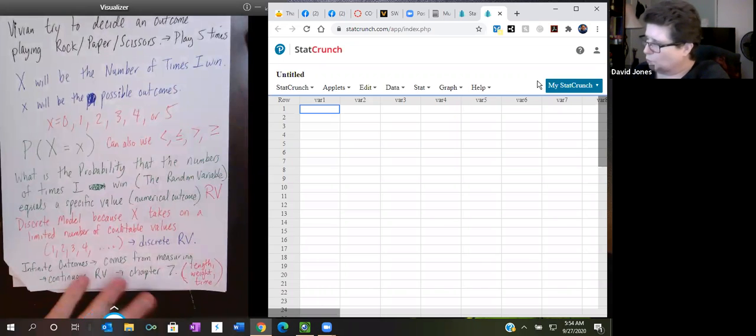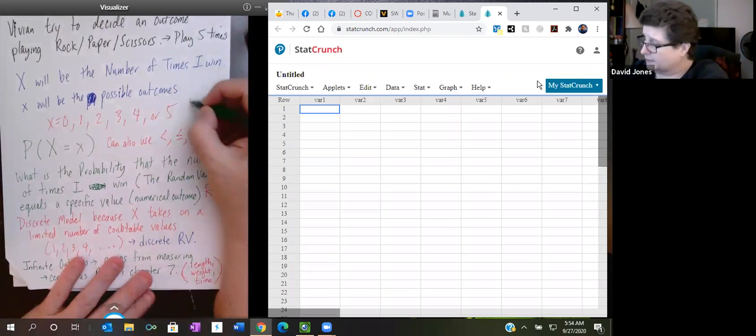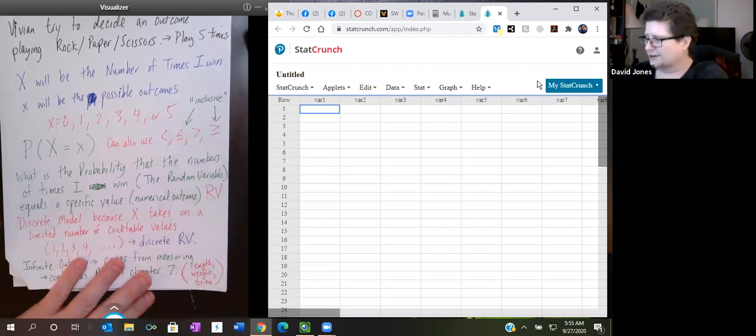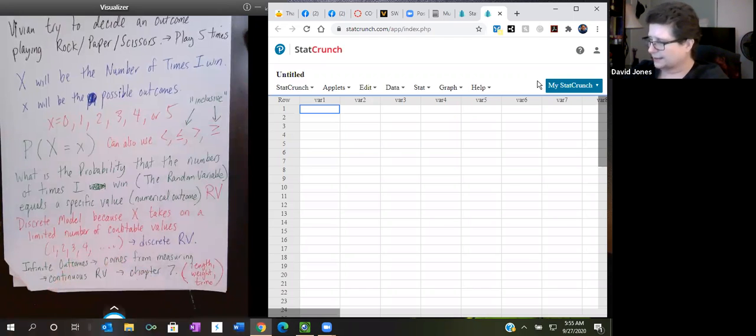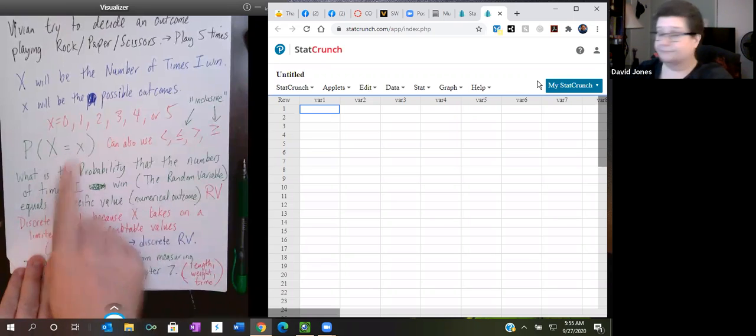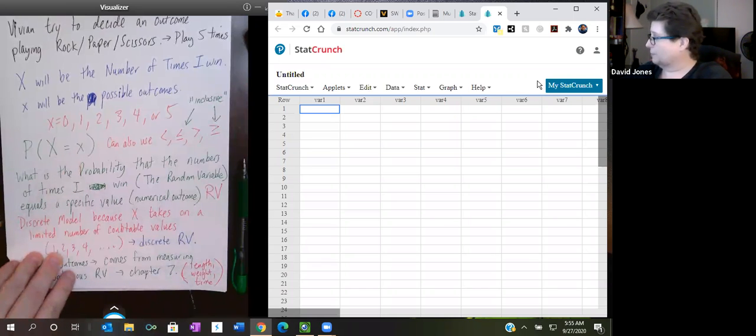I'm going to add this in because students were asking me about it. If you hear the words inclusive, the symbol is going to be one of either the less than or equal to or the greater than or equal to, depending on the scenario. Likely the less than or equal to one. Because it means it's including the value that it equals to. It's including the equal portion. That's what inclusive implies.